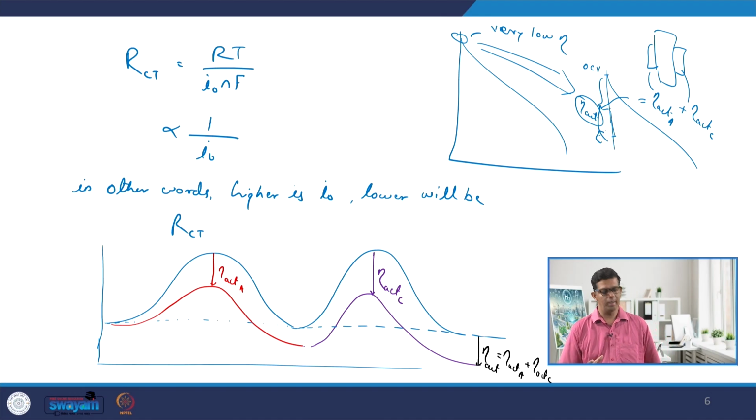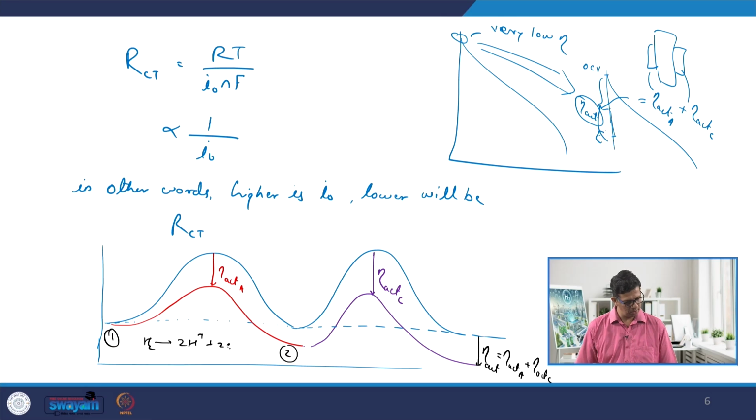The magnitude will be different because, as you can see, this is our forward reaction, H2 giving 2H plus and 2 electrons, and here we have half a mole of oxygen plus 2 moles of protons plus 2 moles of electrons combining to form water. So, this is our 2 to 3. As we can see, 1 to 2, the forward reaction on the first electrode, the anode, is fairly simple compared to the forward reaction on the second electrode, the cathode, in the case of fuel cells.